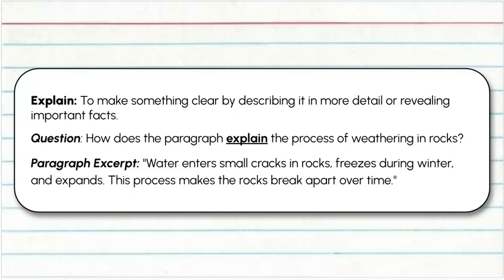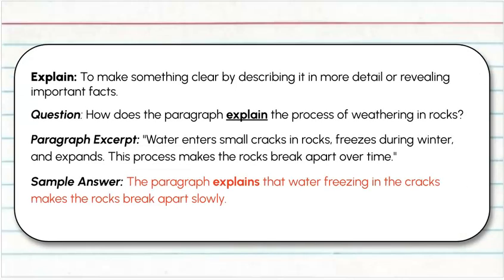This process makes the rocks break apart over time. So can you explain it based on that sentence? You could say, the paragraph explains that water freezing in the cracks makes the rocks break apart slowly. And of course, that explains the process of weathering in rocks, or at least part of it.